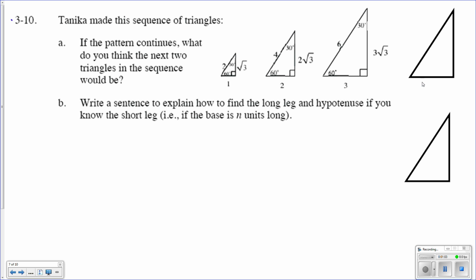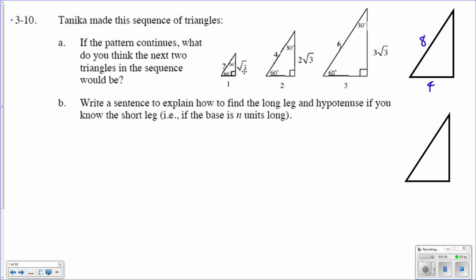So if we increase our base length to 4, then we go 2 plus 2, we'd add another 2, and then 6 plus 2 gives us 8.